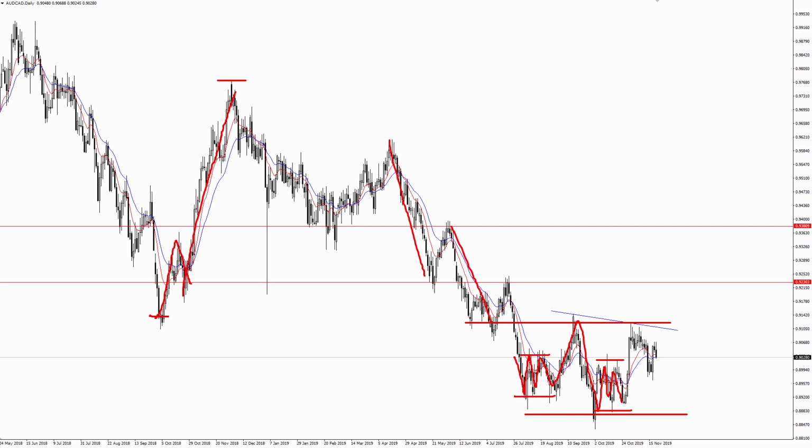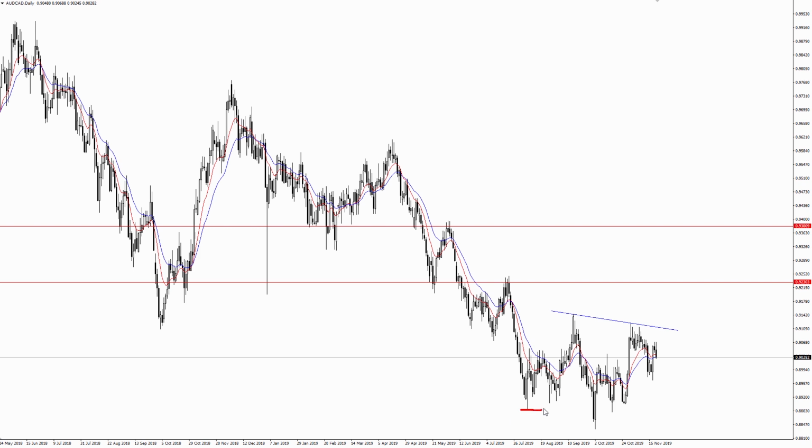So with that in mind, what could turn the Australian dollar versus the Canadian dollar higher? And if you've watched some of my recent videos, you know that I like to spot these inverse head and shoulders patterns. And this one is not nearly as clean as the one that we saw on the New Zealand dollar versus the USD.